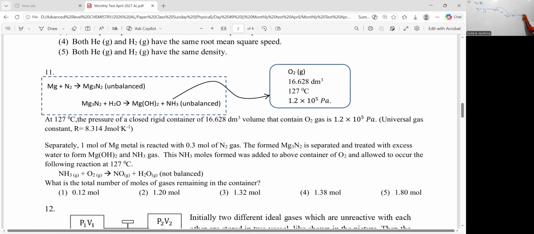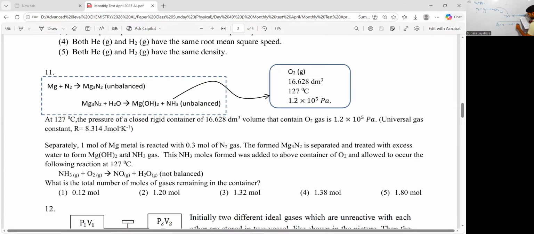And then the ammonia gas formed was added to the container above the O2 container, and then it is reacted with O2, forming NO and H2O. Then they are asking what is the number of gas moles remaining in the container. It's a good question. Let's see how to do it.